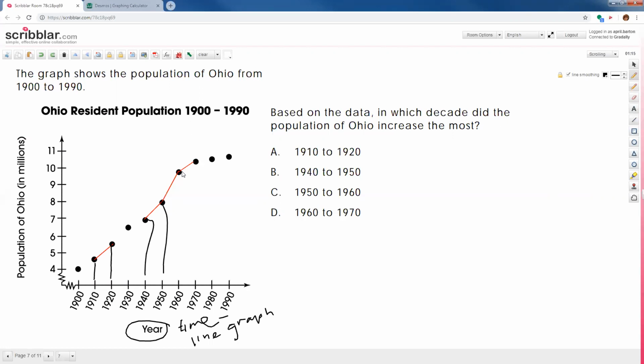Is it D? 1960 to 1970. So 60 to 70 corresponds to this. So, okay, I'm looking at it between 1950 to 1960.